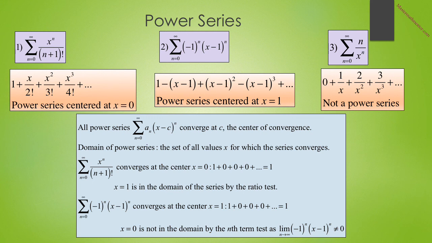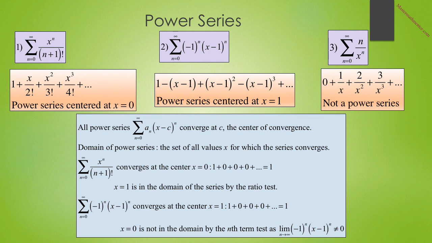Our job will be to find this domain of a power series. If we look at the first problem, summation n equals 0 to infinity of x to the n over n plus 1 factorial, this will converge at the center, x equals 0.